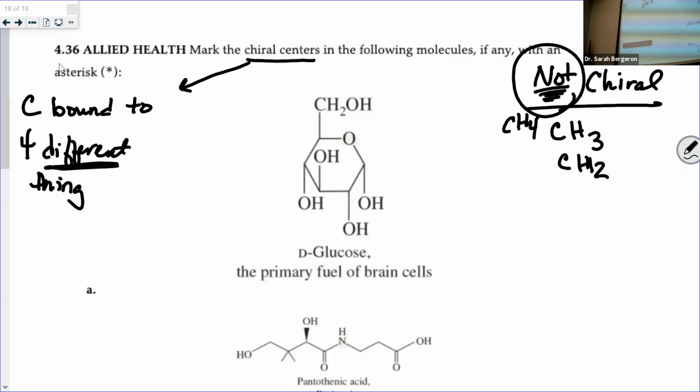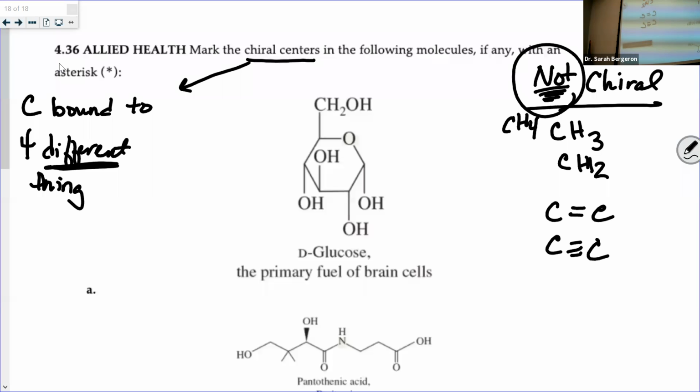What's another example of something that is not chiral? Got one more. Any bond greater than one. So a carbon-carbon double bond or a carbon-carbon triple bond. Yes, good. Double bond.